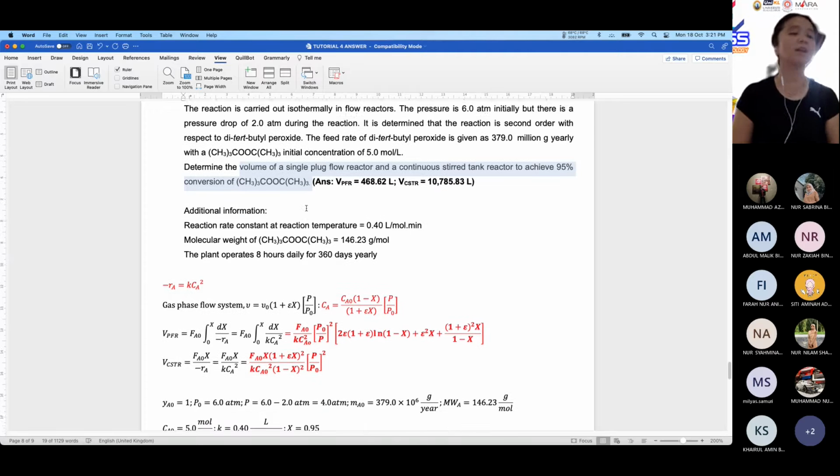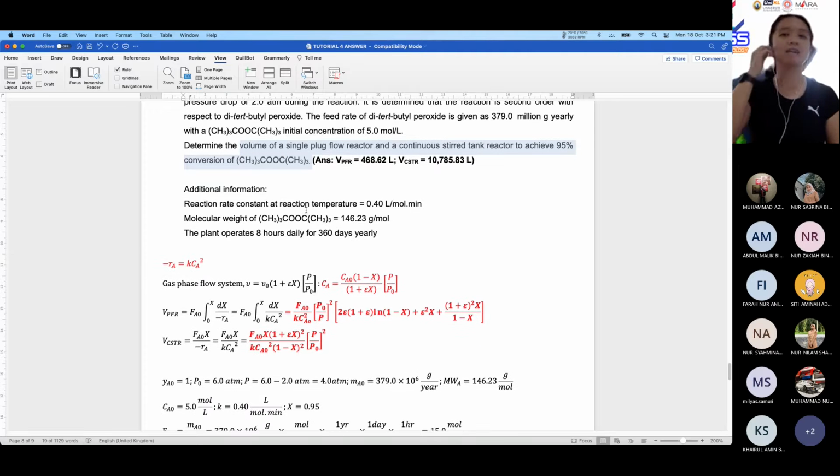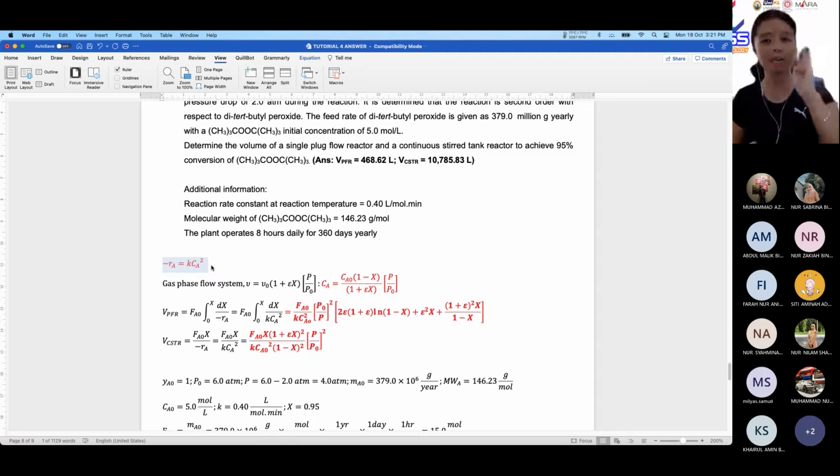Again, kamu ingat 3 benda ni: phase, gas, PFR or CSTR; third, rate law dia minus r_A equals kCA squared. And then kamu tengok dalam note saya ada tambah satu part di mana saya address kalau ada pressure drop. Make sure kamu tengok juga sebab sekarang tambahan benda yang keempat, pressure drop pula.